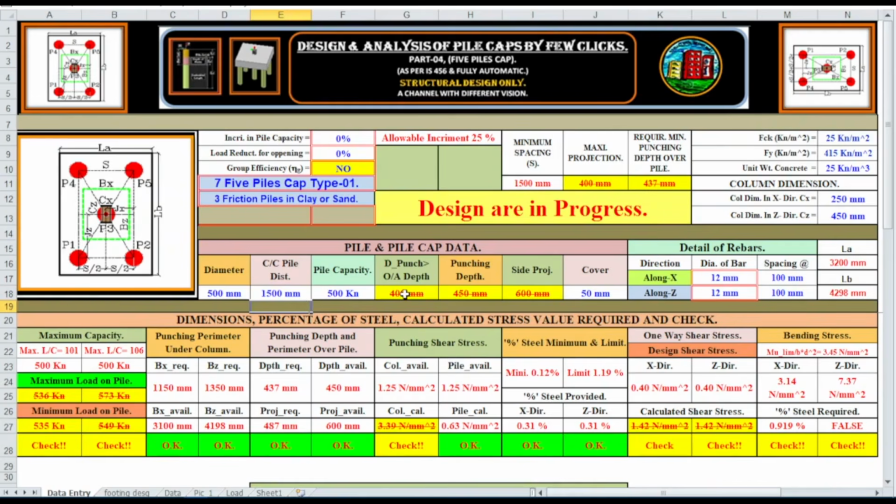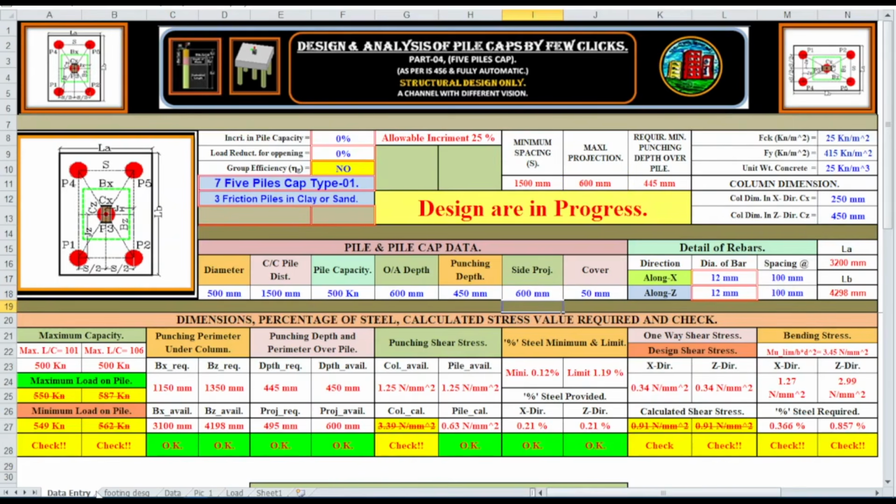Overall depth cannot be less than punching depth, so it is 600. Side projection cannot be less than maximum side projection. Say we are considering 700. It is not okay, so we have to change to 600.